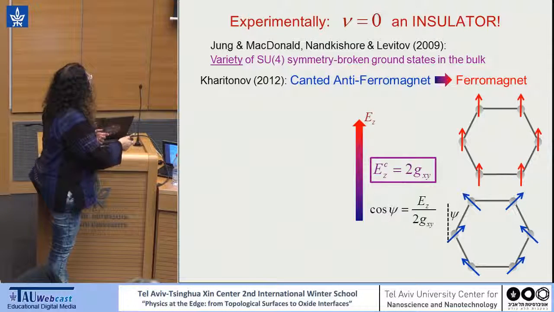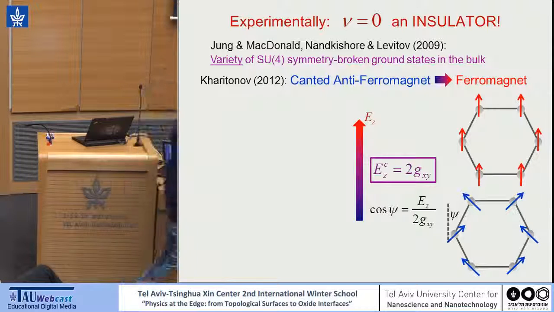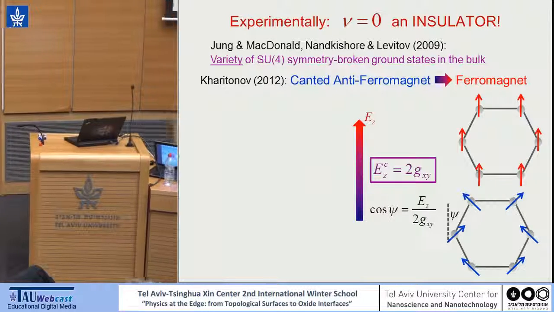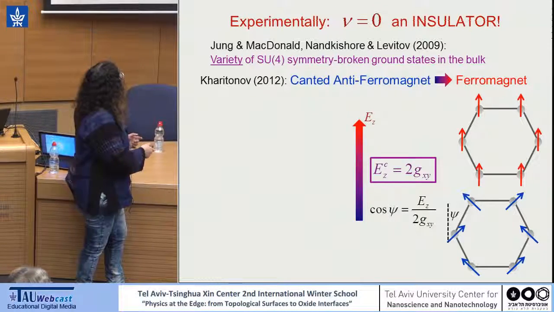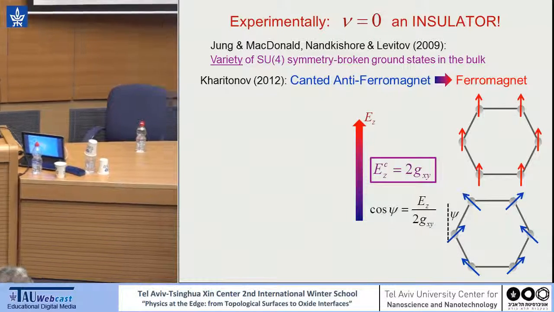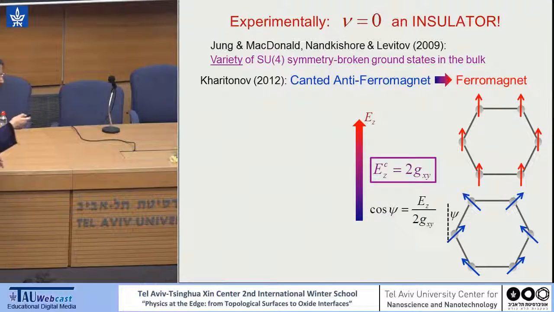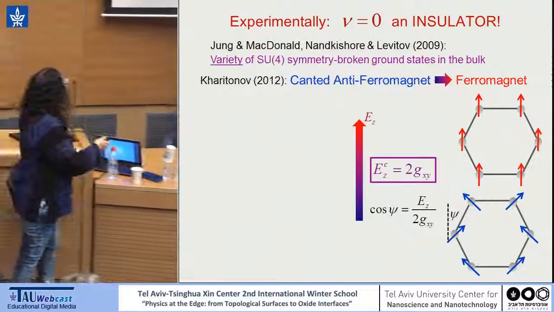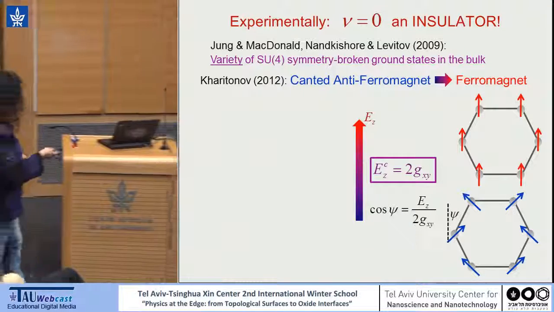And when you increase it, if you could increase the Zeeman energy independently from the magnetic length, then there should be a critical point where there is a second-order quantum phase transition to a ferromagnet. And then the ferromagnet should behave as we said before.